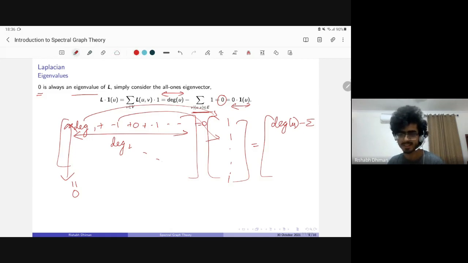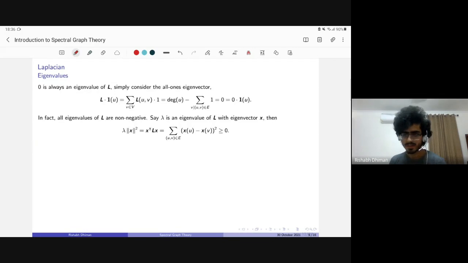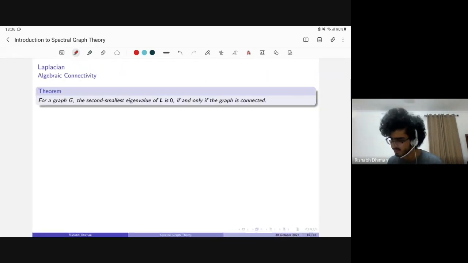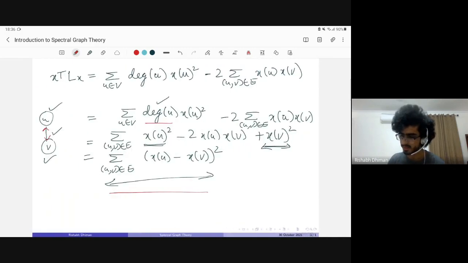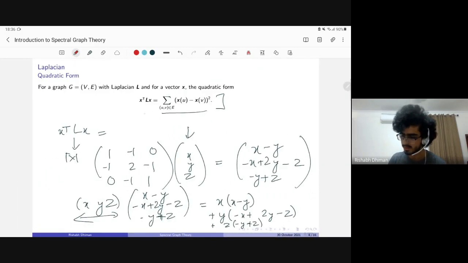Now again, this is a nice proof, but it tells you nothing about the graph. It's just some matrix, and all of this was just definitions. When you look back here, this sum will obviously be greater than or equal to 0 because it's a sum of squares.